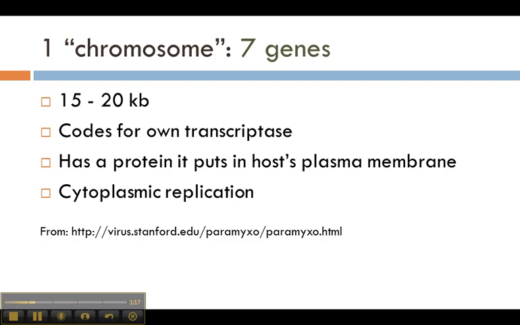Viral proteins also get embedded into the host cell's plasma membrane, which will eventually become the envelope for the new virus particles, also known as virions. The virus does not enter the host cell's nucleus. Instead, it does all of its work in the cytoplasm.